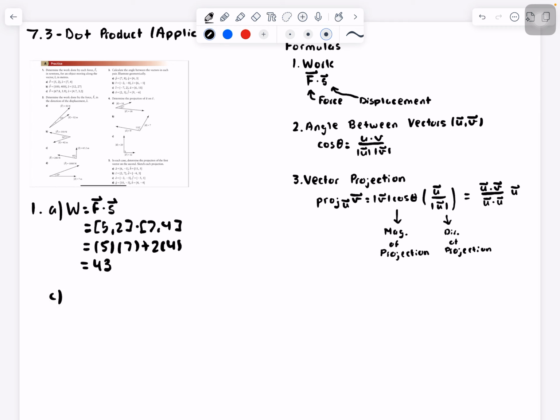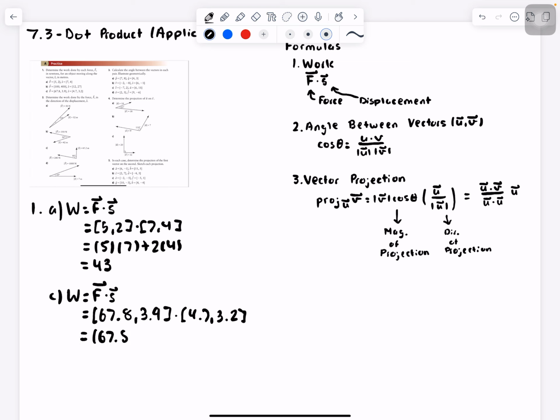So this is 67.8, so F dot S. I always like to write the formula down before I start the problem, so I know what I have to input. 67.8, 3.9, it's an ugly 3, 4.7, 3.2, same deal, 67.8, component-wise multiplication, and then add.